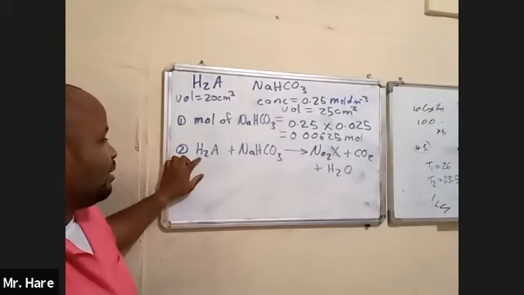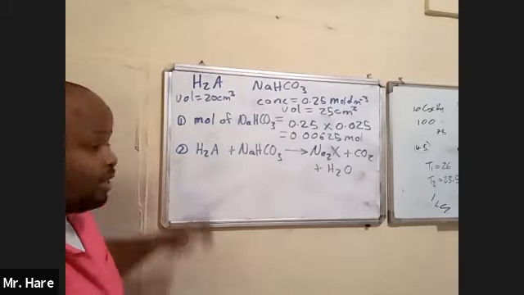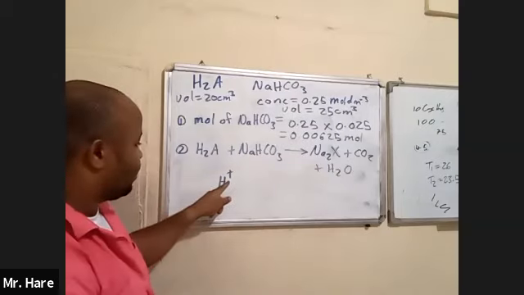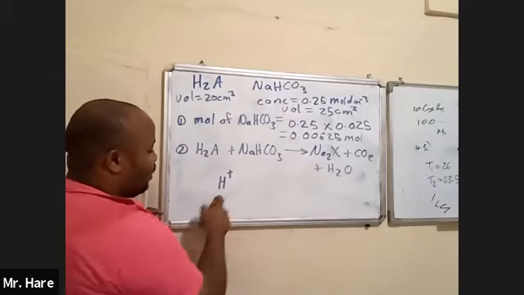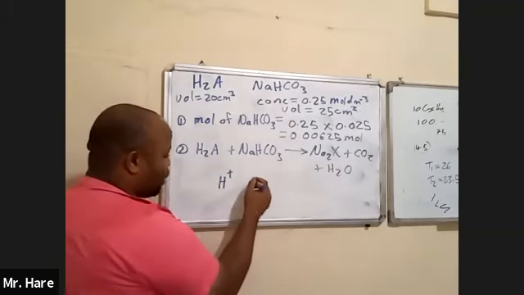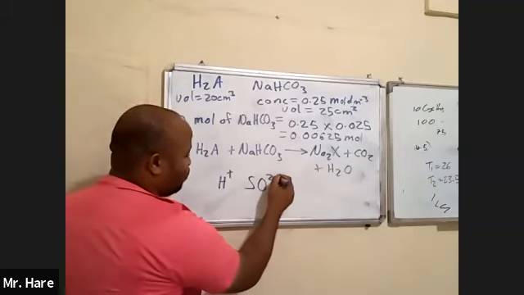Yes, sir, that is correct. So the charge on hydrogen is H plus. If you use two hydrogen ions, it means that the charge on the acid is 2 minus, because if you write the formula, the 2 would come here.